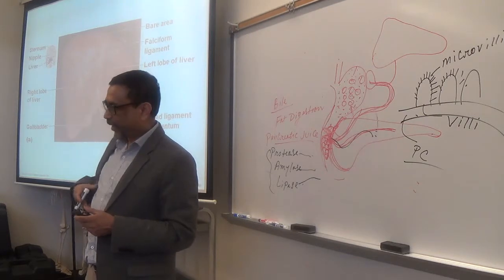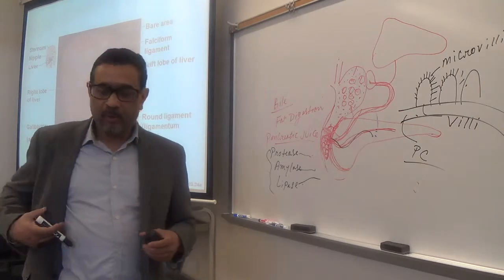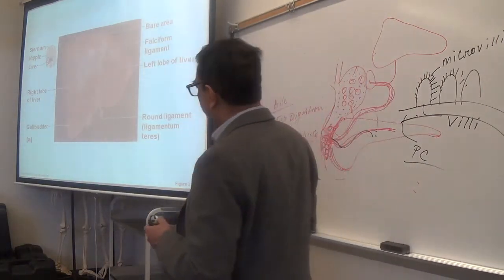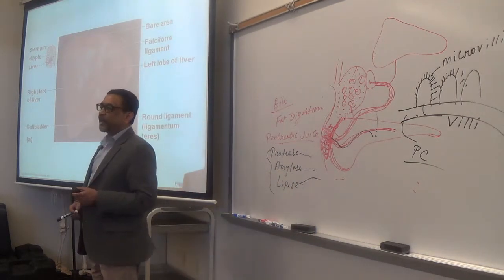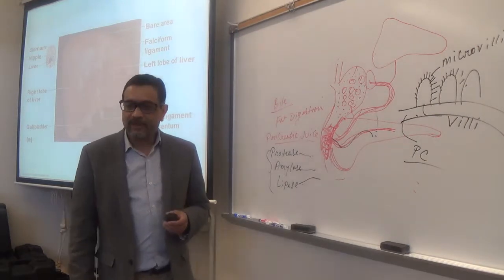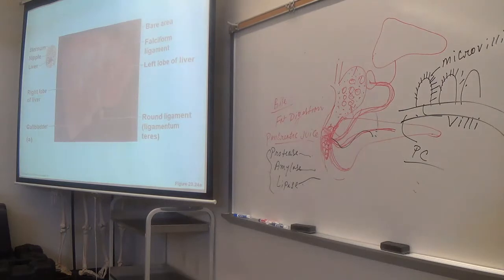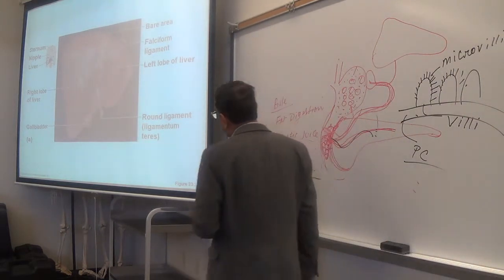Upper right part. And there are 4 lobes in the liver: right lobe, left lobe, quadrate and caudate. Right lobe is the largest. The biggest lobe is which one?